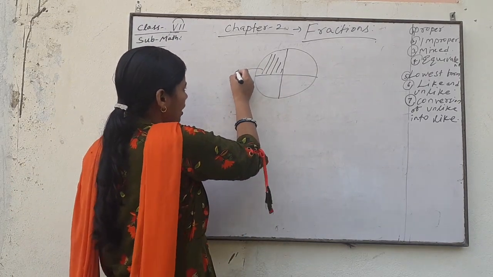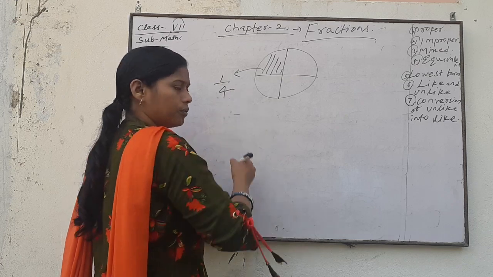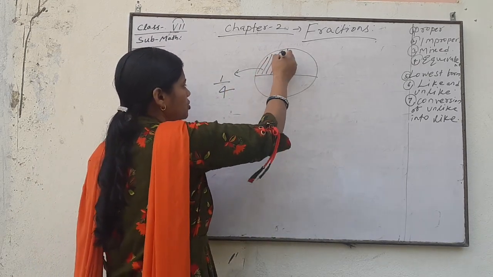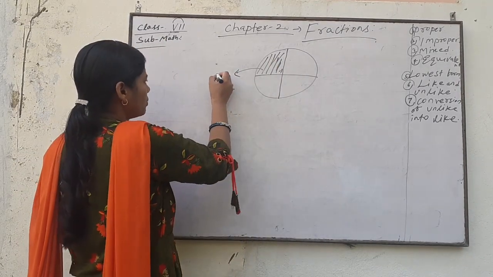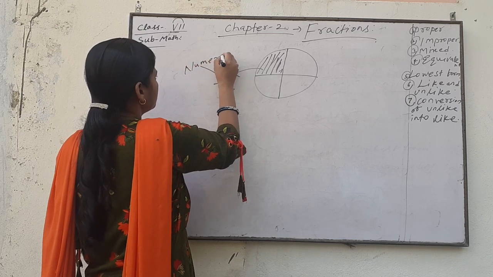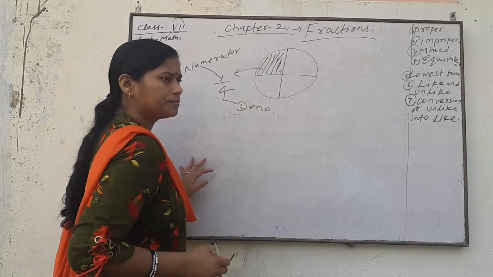So your fraction of this shaded part is what? 1 by 4. Fraction of this shaded part is 1 by 4. So 1 is your numerator and your 4 is your denominator.